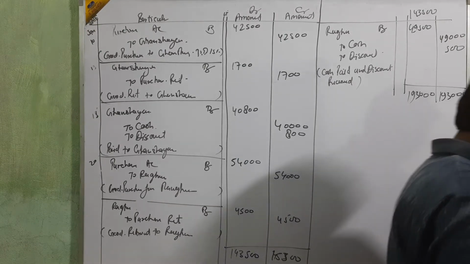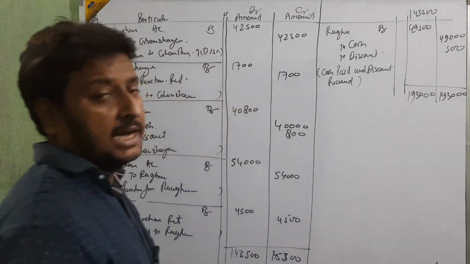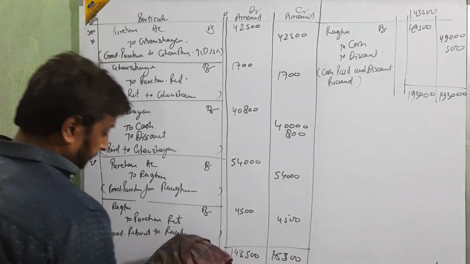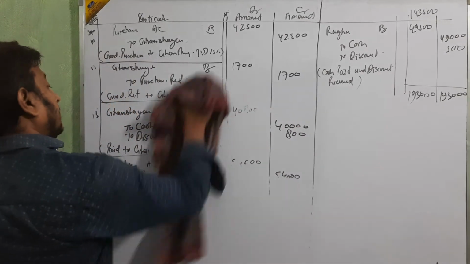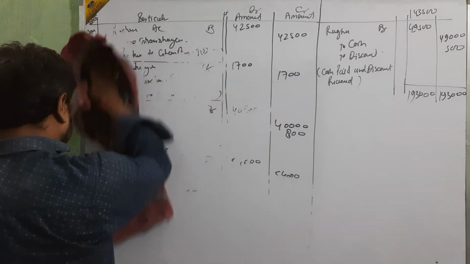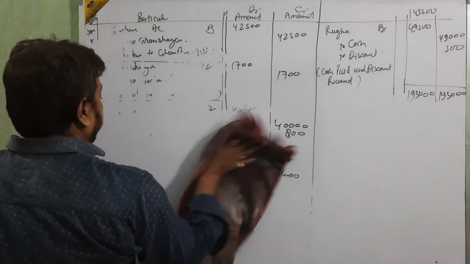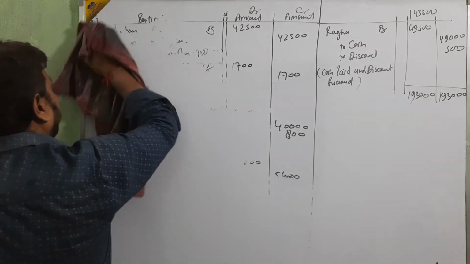Okay. Rub the board and go for the next question. In this question we only took the purchase, and in the next question we are going to take the sale.